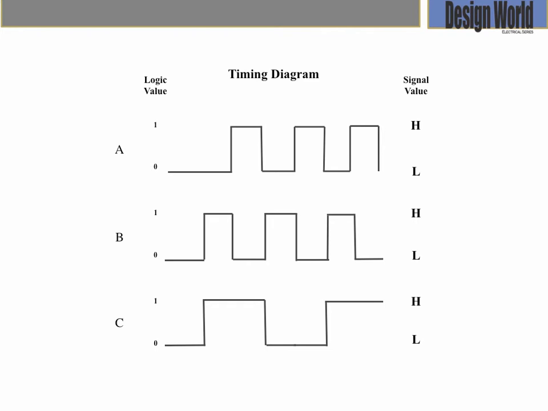The higher signal level is designated by H and the lower signal level by L. Choosing the high level H to represent logic 1 defines a positive logic system. Choosing low level L to represent logic 0 defines a negative logic system.